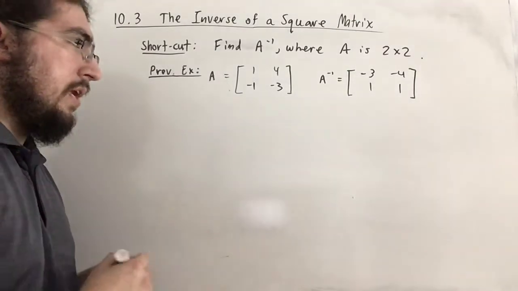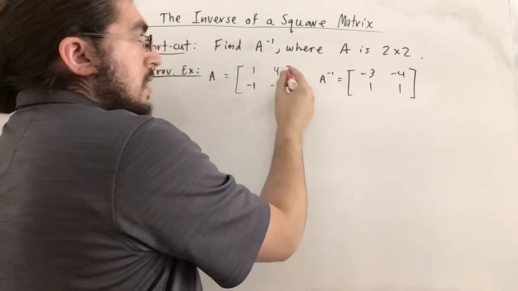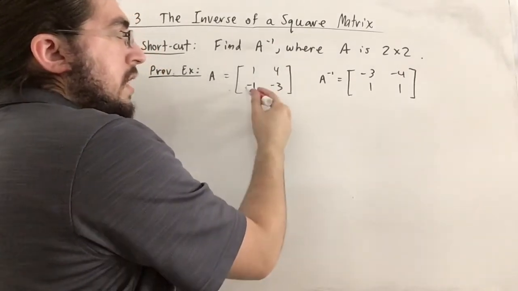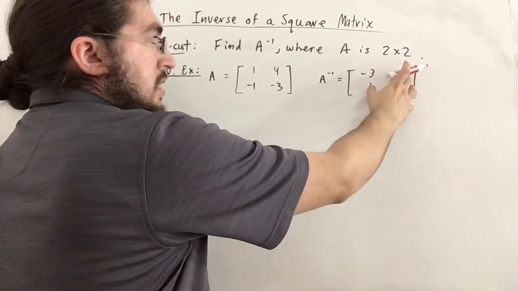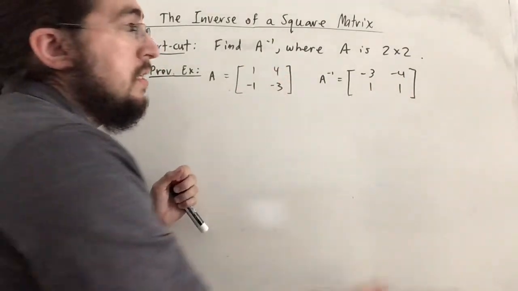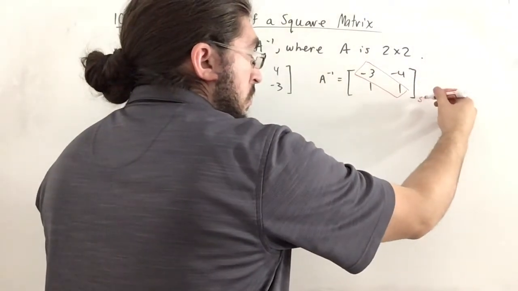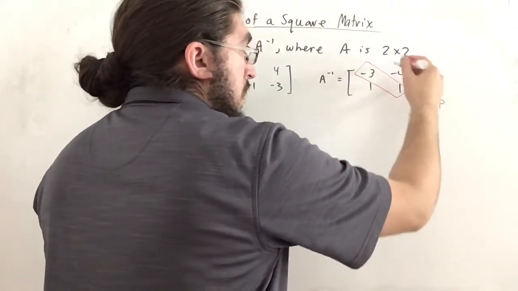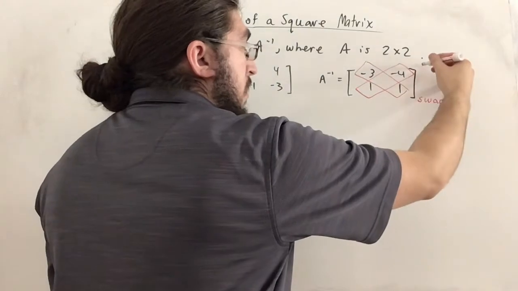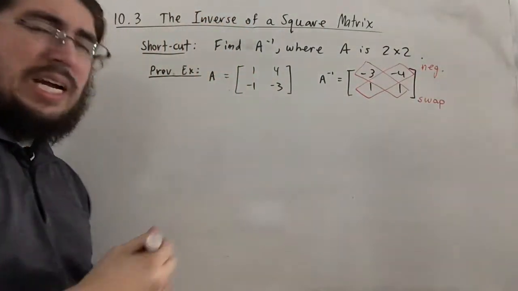And hopefully, the pattern you should maybe come about eventually is that, well, 4 and -1 changed signs here, and -3 and 1 swapped positions. So there's this diagonal here, which swapped, and this diagonal here, which were negated. And in fact, that's kind of what's going on.